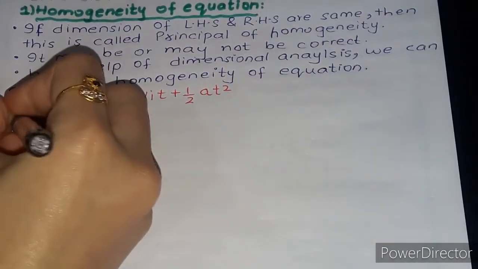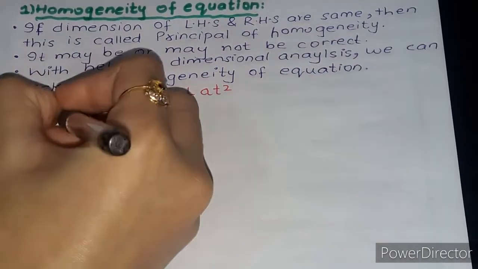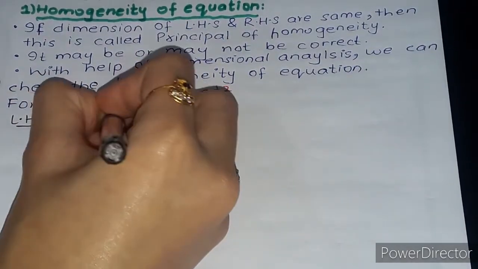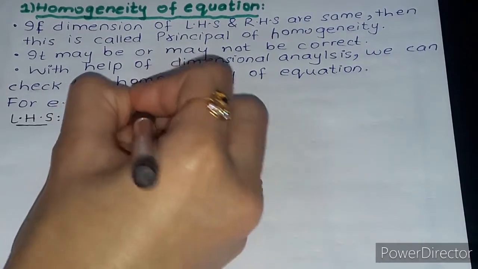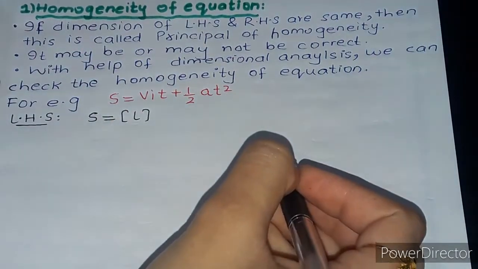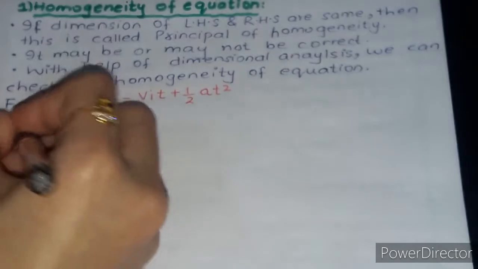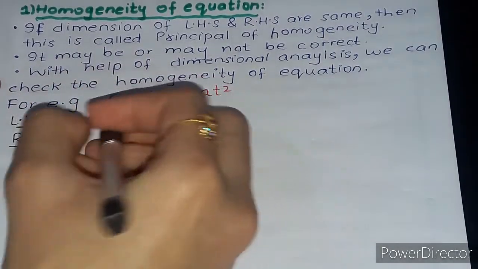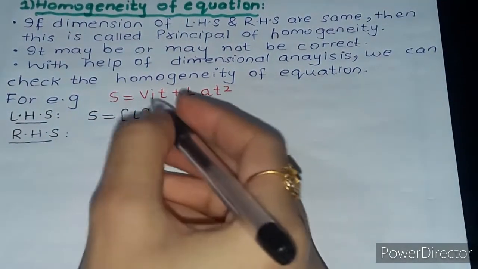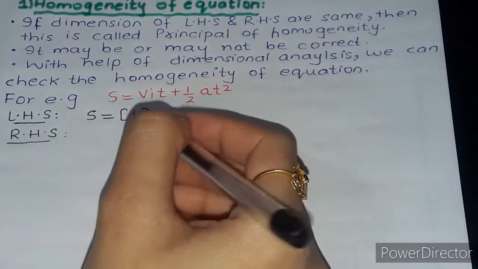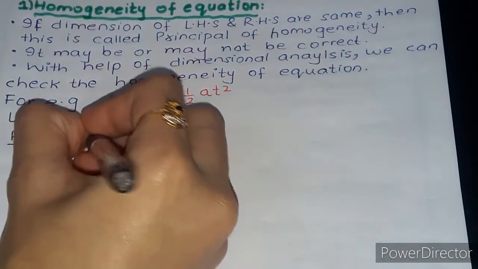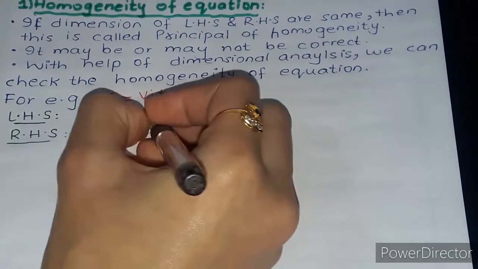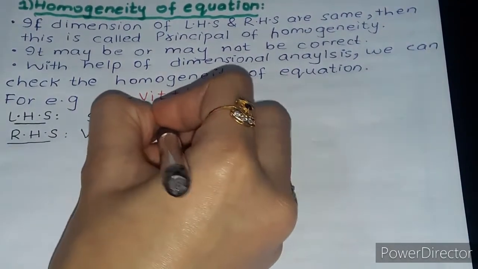Left hand side is distance and distance is the length, so its dimension would be capital L. And right hand side is Vi t plus half AT square.